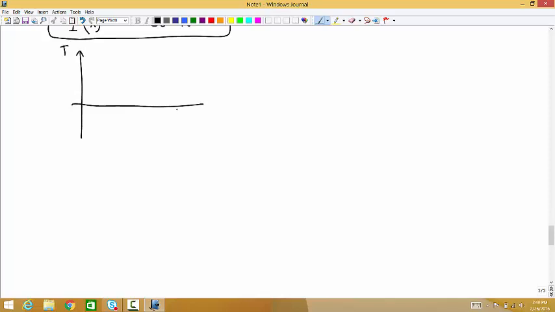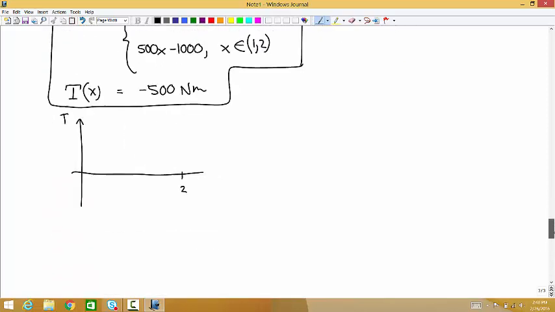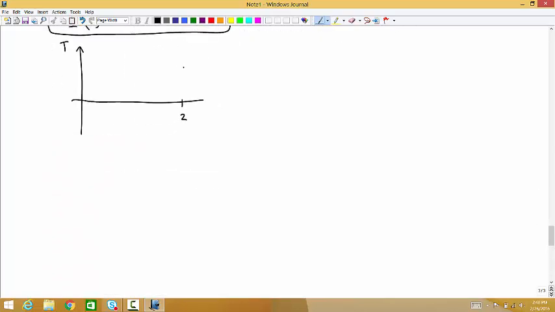So if you plot the tension versus x, it's positive 866 the whole way.